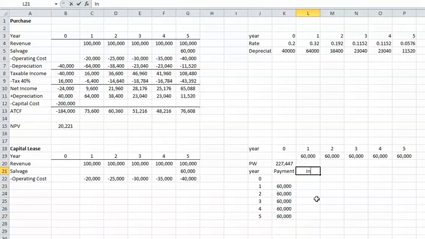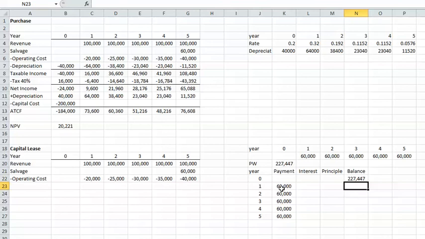Then the interest, then the principal, and balance. So balance at year 0 equals the present value of these capital lease payments that we calculated.